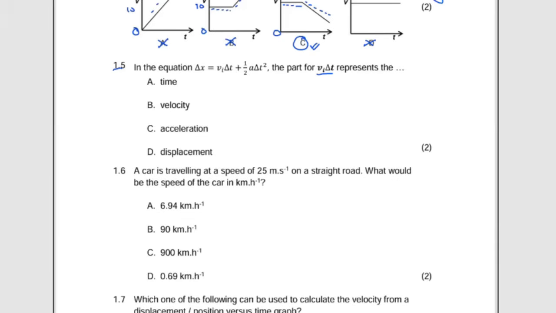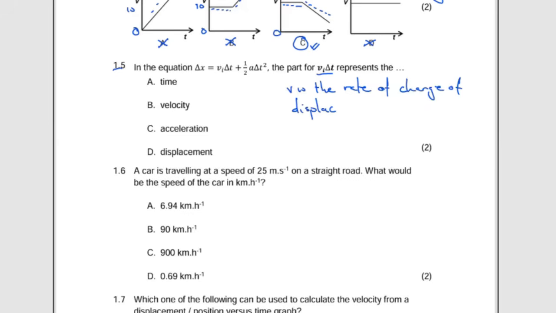Remember, we know velocity is defined as the rate of change of displacement, right? That's our velocity there.